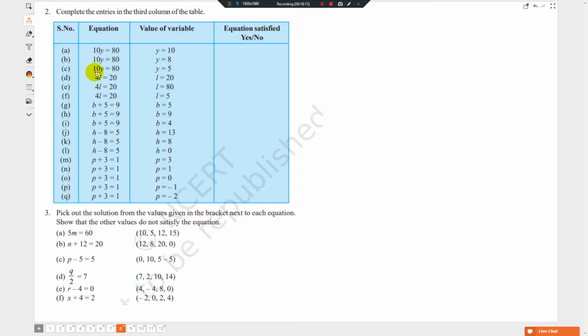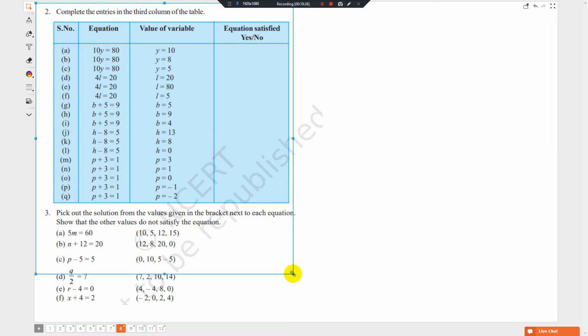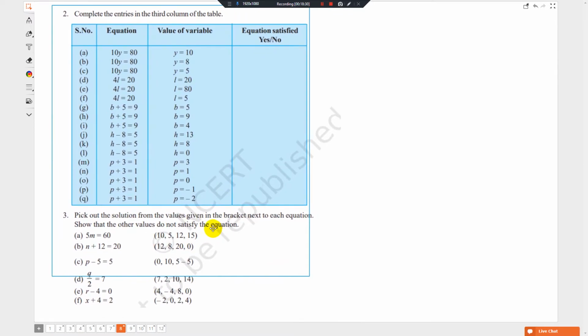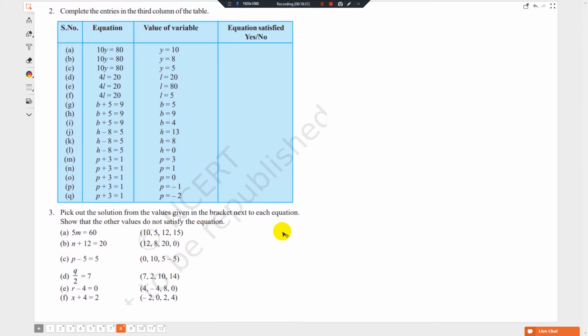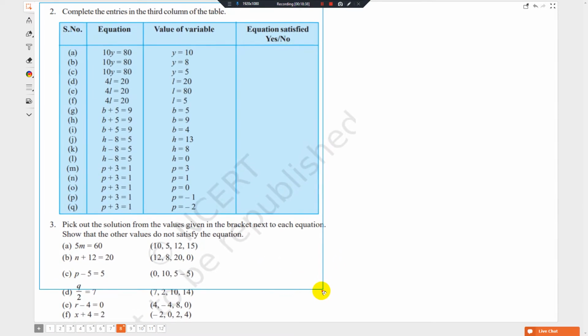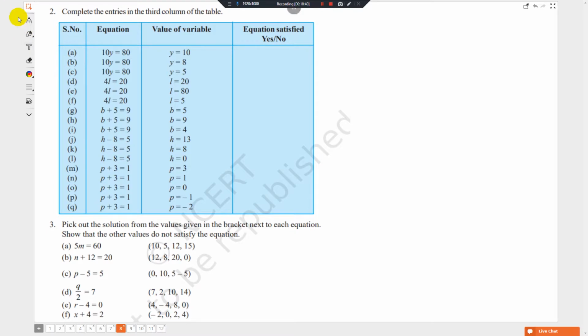Now, complete the entries in the third column of the table.